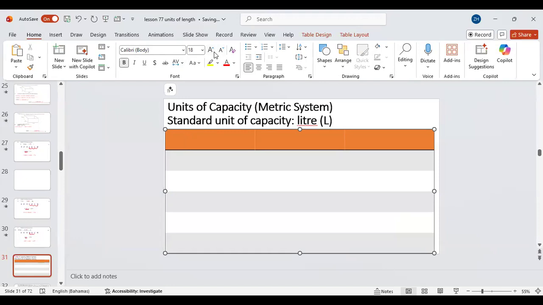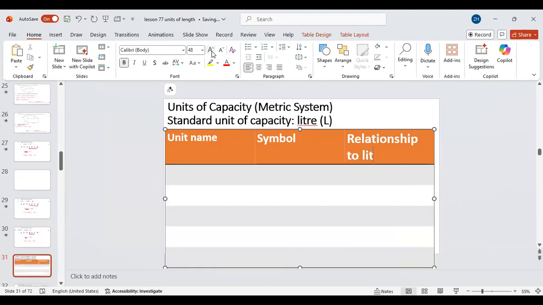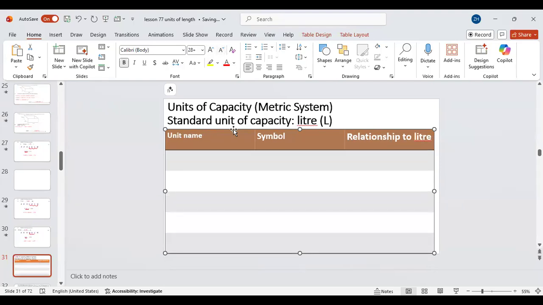So we have the unit name, symbol, and relationship to liter. Okay, cool.